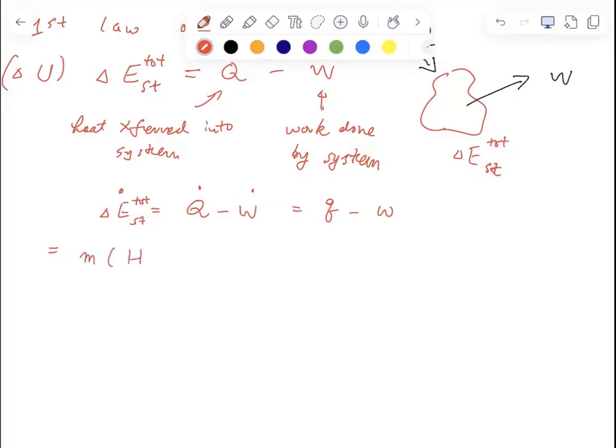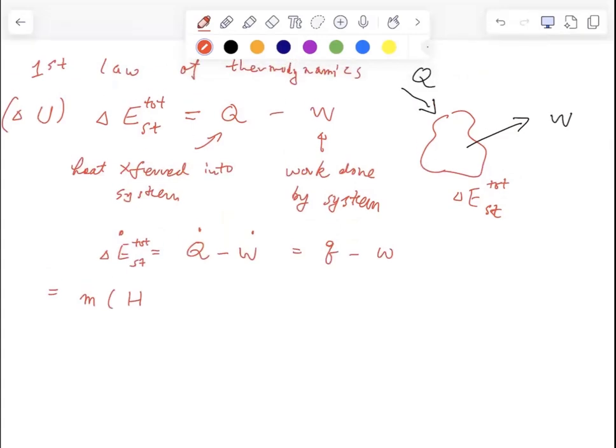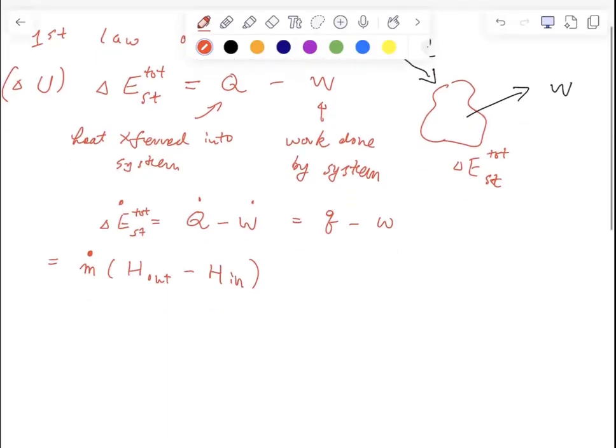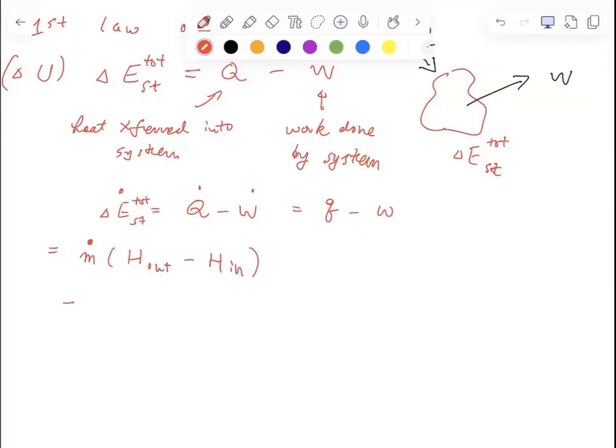The change of the enthalpy will be the enthalpy that flows out of the system minus the enthalpy that flows into the system, and the mass flow rate will have a dot here to tell you it's not the total amount of the mass, it's the mass flow rate. The second item is the gravitational energy.